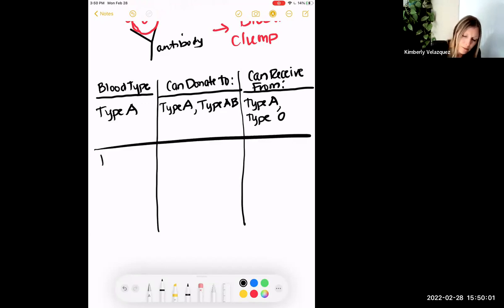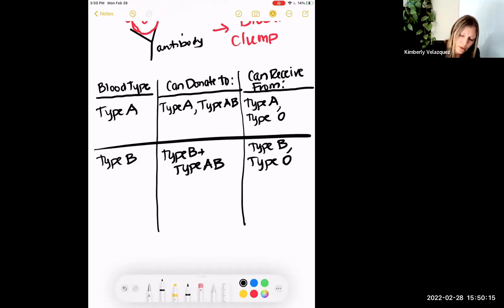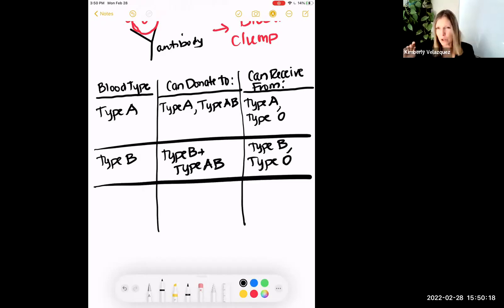Similar story for type B blood. You can donate to B and AB, but you can only receive from type B and type O. You couldn't receive from AB because the A marker would cause you to produce antibodies and clump that blood. If you're AB, guess what?